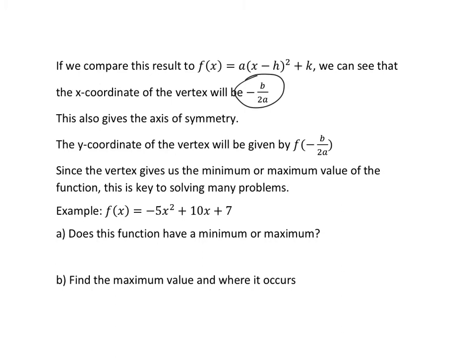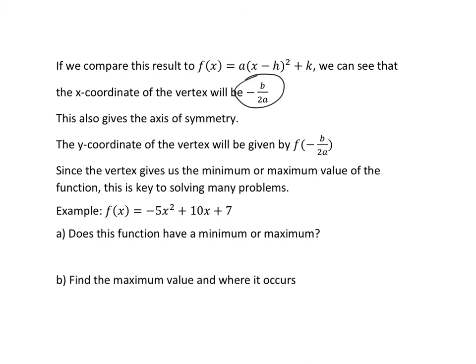So x equals negative b over 2a will be the equation of the axis of symmetry, and the y-coordinate of the vertex will be given by f at that value. So we can substitute that value into the original function to get the y-coordinate. So now we've got the x-coordinate, the axis of symmetry, and the y-coordinate of the vertex, and because the vertex gives us the minimum or maximum value of the function, that's key to solving very many problems.